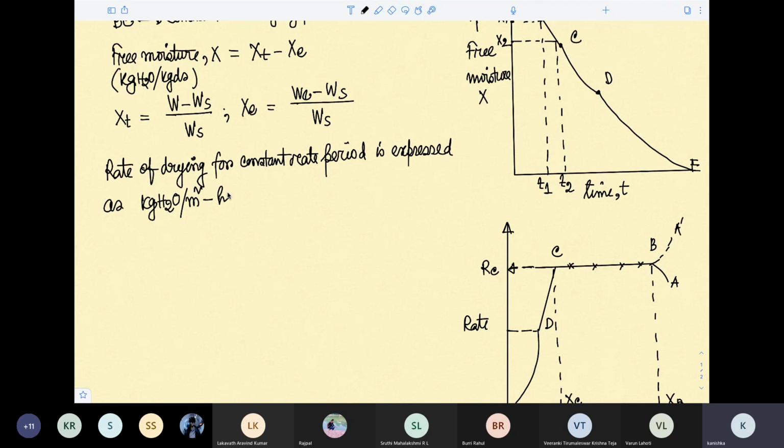Now what is kg? Kg means how much moisture you are removing. Now what is per meter square? Per meter square means per meter square of exposed surface area.